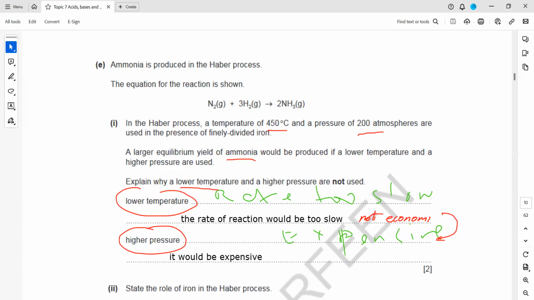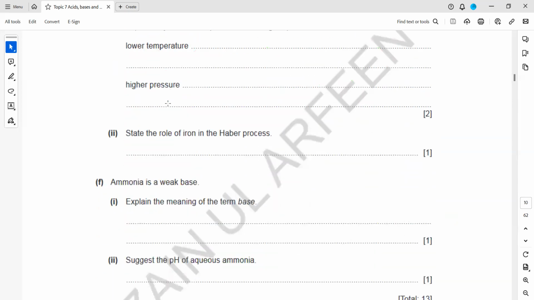The danger of high pressure is not really the point. No need to mention the danger. It's in terms of cost. The best thing is to mention it in terms of the cost.